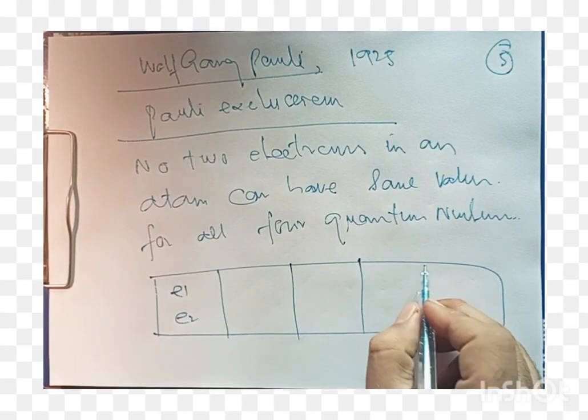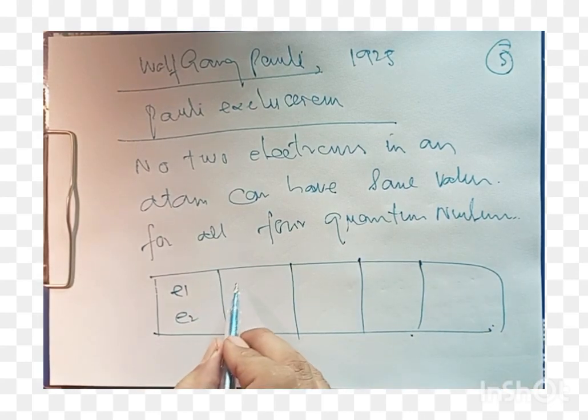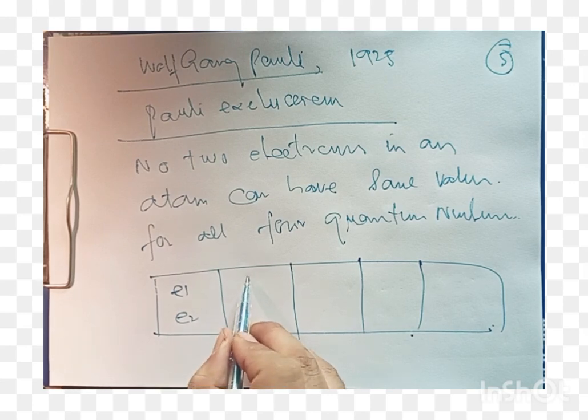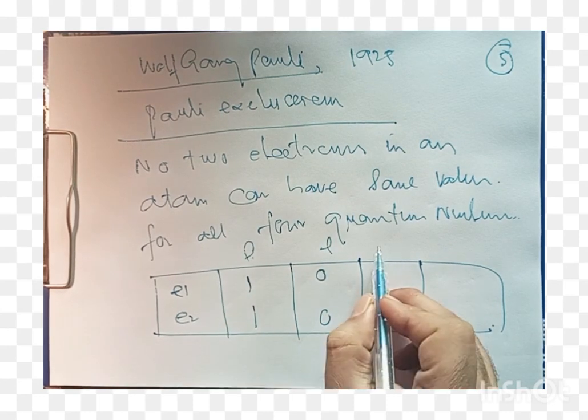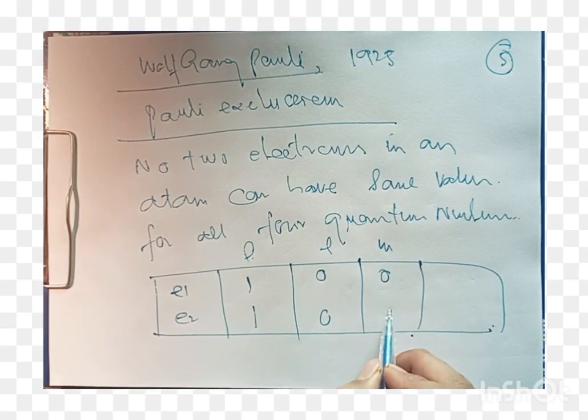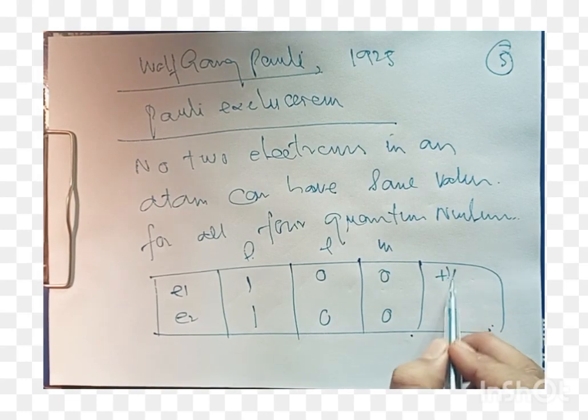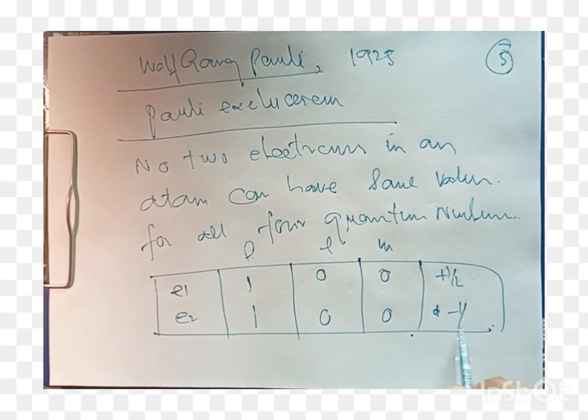In terms of their quantum numbers, their n can be the same, they can have the same principal quantum number, the same orbital quantum number, the same magnetic quantum number, but they will have opposite spin. So this positive sign before 1/2 refers to the orientation of the electron in terms of clockwise and anti-clockwise spin of the electron.